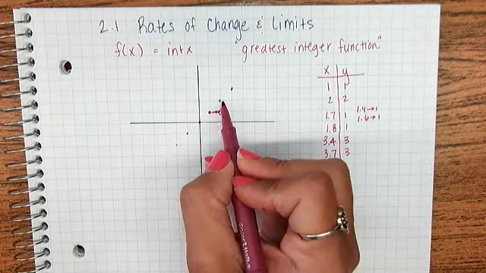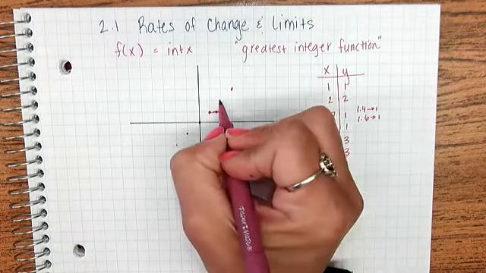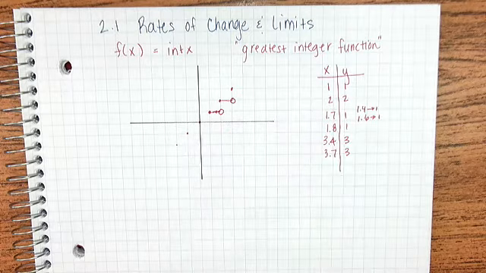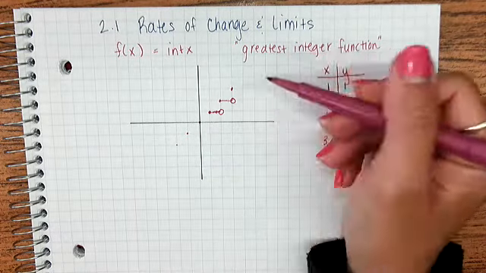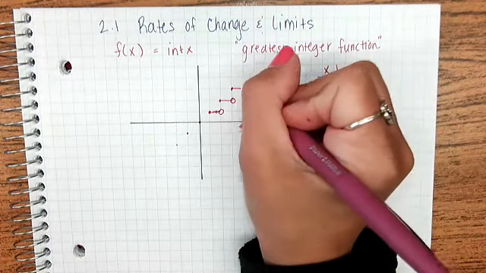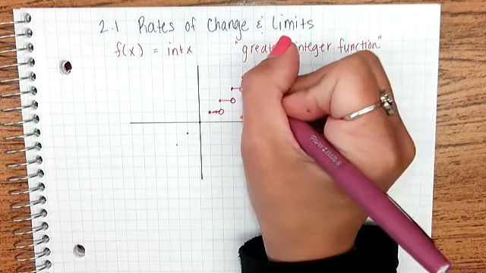And 2.1, 2.2, 2.3, 2.97, all the way up to 2.999, until you get to 3. You jump up to 3. So sometimes it's called a step function, can be called a floor function.